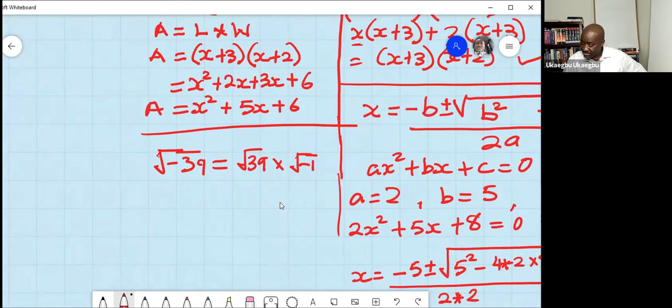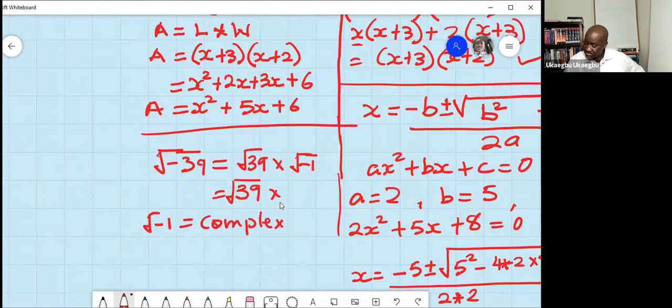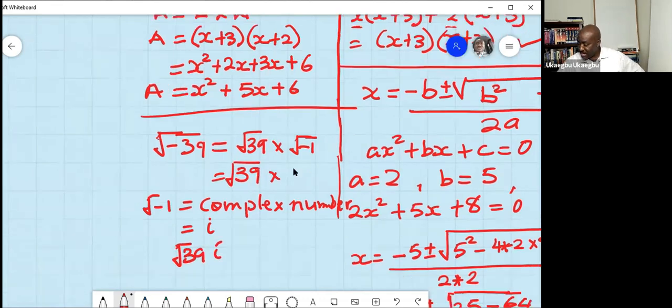The square root of negative 1 is called a complex number, or they call it i, the imaginary number. So in that case, our solution is going to be the square root of 39 i.